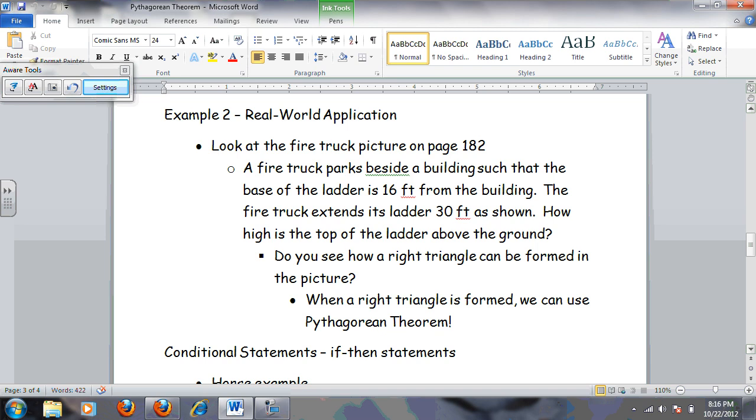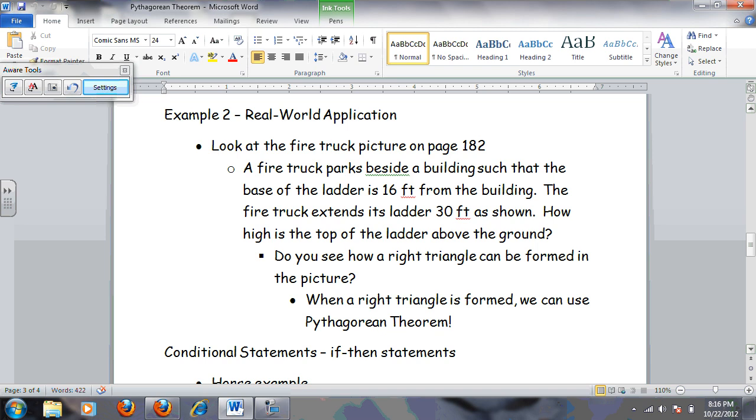A fire truck is parked next to a building. The base of the ladder is 16 feet away from the building. The fire truck is extending its ladder 30 feet up into the air, and it's leaning up against the building.